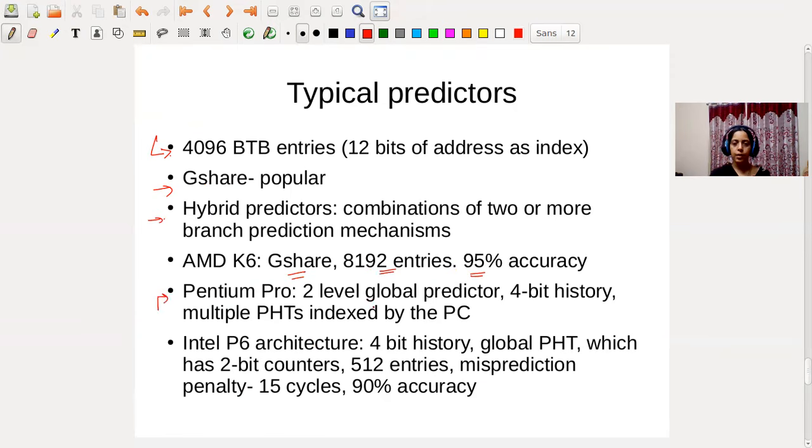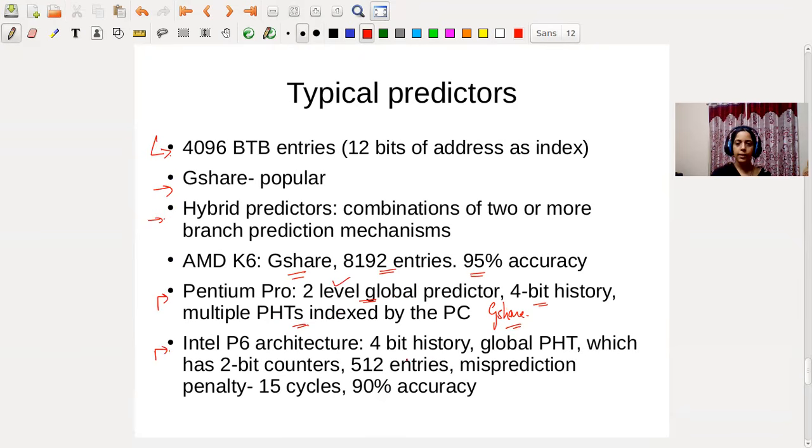Pentium Pro uses a two-level global predictor. This is similar to our G-share with a 4-bit history and multiple PHTs indexed by the PC. If you have multiple PHTs, you can now think whether this was a G-share predictor or another type of predictor, but still it is a two-level global predictor.